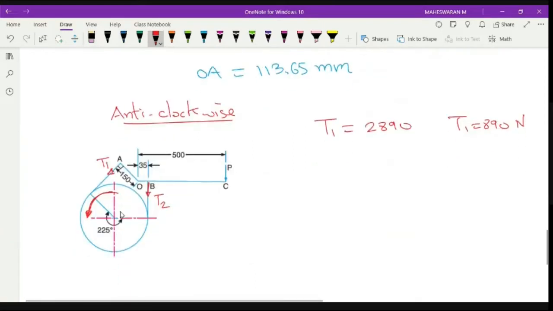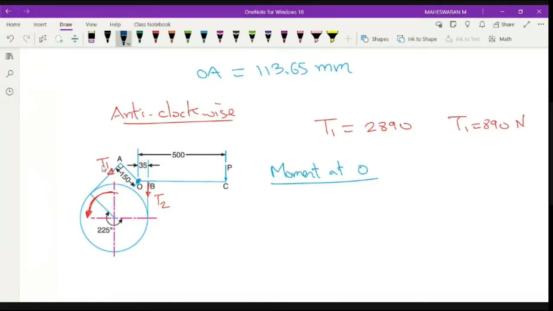Only thing is I have to take moment at this point O. Sir, when T1 and T2 change because of the direction, will the values also be interchanged?